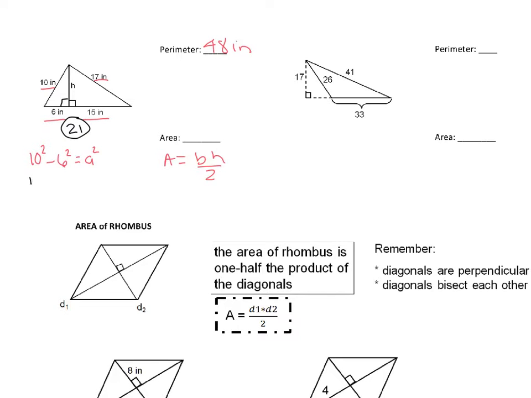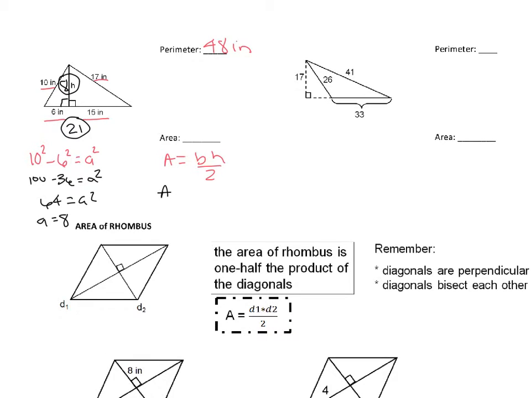So that's 100 minus 36 equals a squared. 100 minus 36 leaves me with 64 equals a squared. Then when I take the square root of 64, we get a to be 8. So the height is 8.